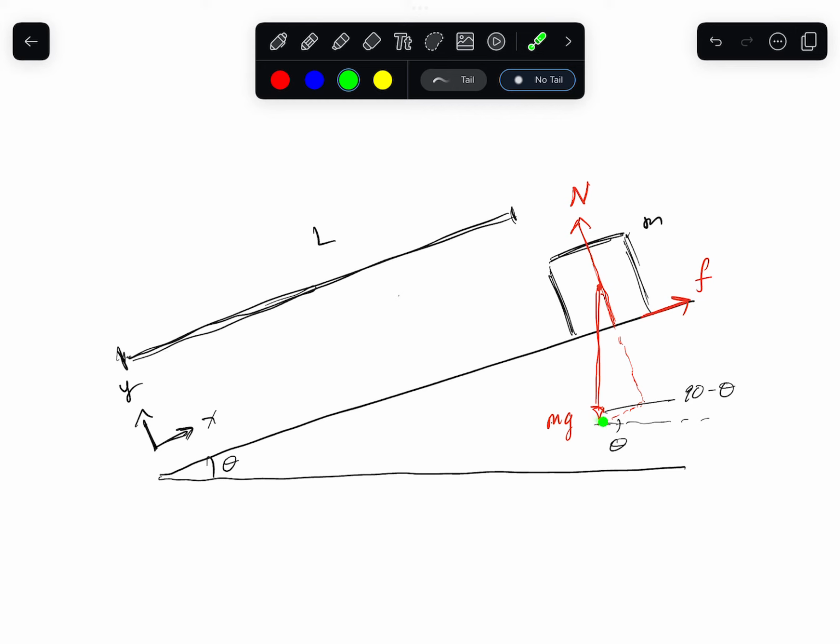So since this angle is 90 minus theta, this angle over here is going to be theta. Let's draw here the angle theta. So there you go. This angle is going to be the angle theta, and that allows us to find the x component of gravity and the y component of gravity.